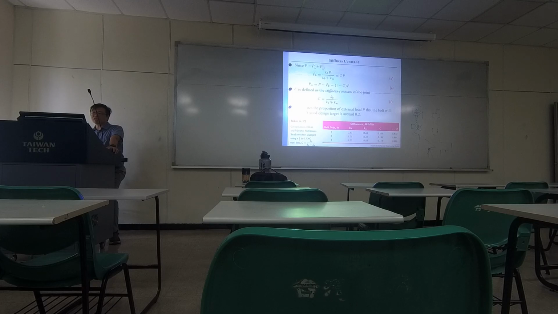Once you have the C value, it's easier for you to understand what would be the force component inside the bolt from your external force, and then the rest of the component would be the force inside the member.